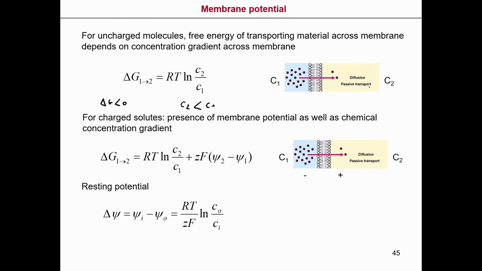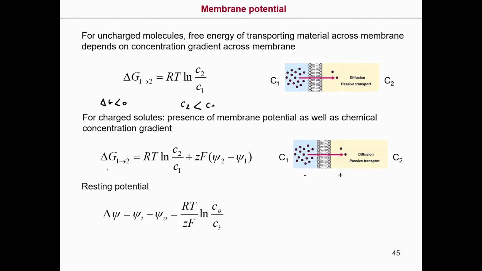For the charged solute, indeed, because of the asymmetric component of the membrane, I told you that the monolayer composition is not the same from the cytosol part to the outside part. So you have what we call a membrane potential, as well as a chemical concentration gradient, as usual.